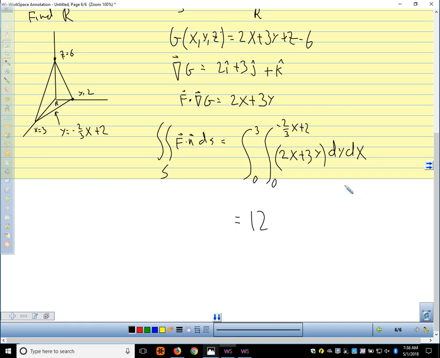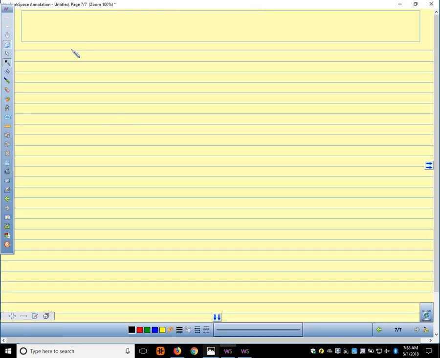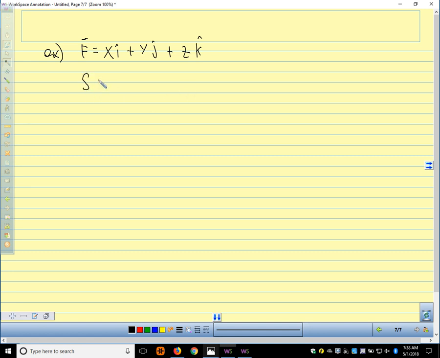All right, let's set up another one. That's a little trickier. Here we're going to say f is x i hat plus y j hat plus z k hat. And our surface S is x squared plus y squared plus z squared equals 36 in the first octant.